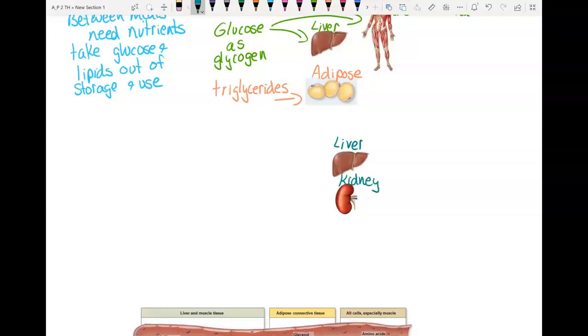If your blood glucose is getting low, say you're not eating enough carbohydrates and there's not glycogen to draw on to get the storage back out, and there's not enough glucose in your blood. You must maintain glucose because your neurons need it.